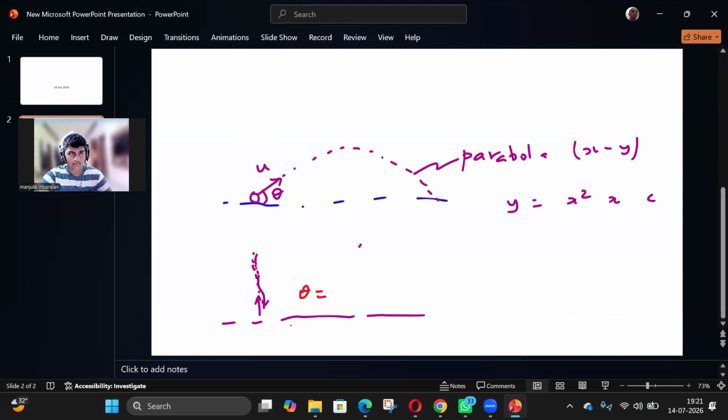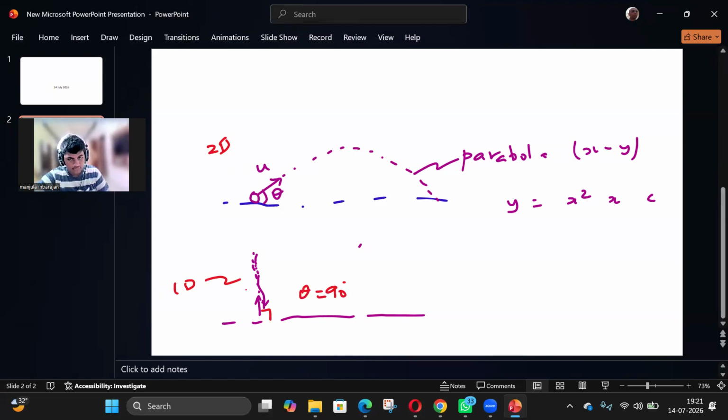What is the angle of projection in this second case? 90 degrees. So for general projectile with theta, if you put theta equal to 90, you get this vertically projected motion. This is 1D motion, along a line. The first one is 2D. Is that clear?